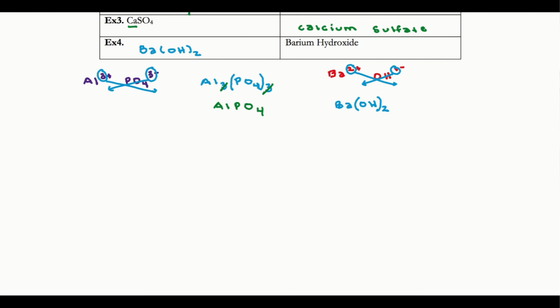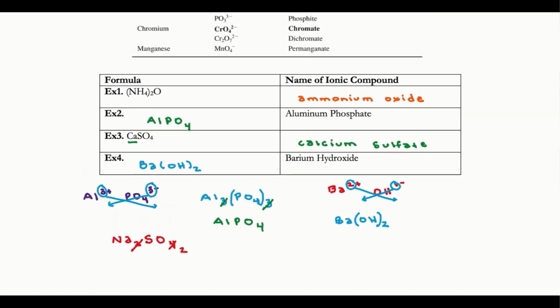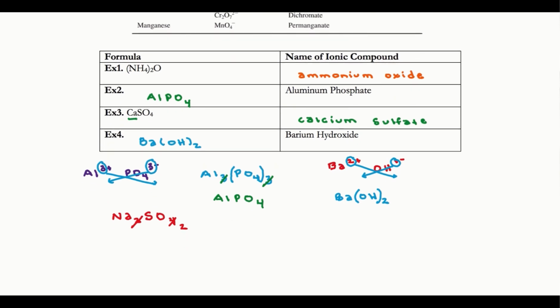One thing that students tend to do that gets them in trouble, one last note here. If I give you sodium sulfate, for example, a lot of students then want to simplify this by making this a 1 and making this a 2. And one thing that I note over and over, and I'll continue to note it, is you cannot change your polyatomic ion. SO4 stays SO4 no matter what.